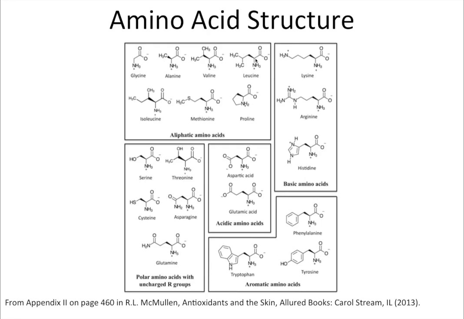So again, you have the carboxylate and the amino group present in all of the amino acids, and then you have this alpha carbon in between them, as I'm pointing right now, and from that alpha carbon you have an R group that comes off of that, and each R group is distinct for all of the amino acids.